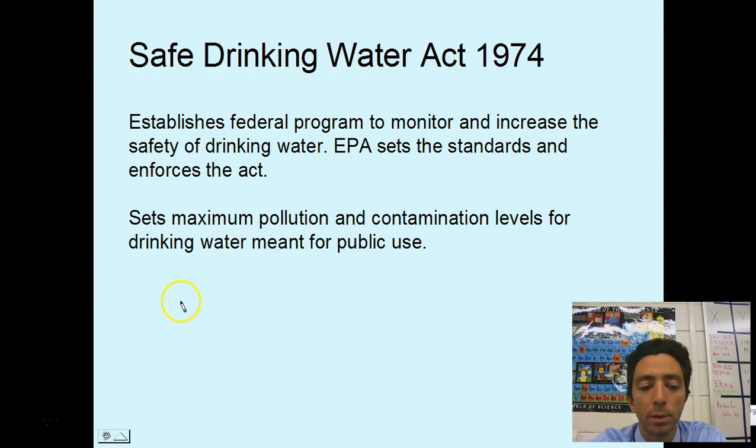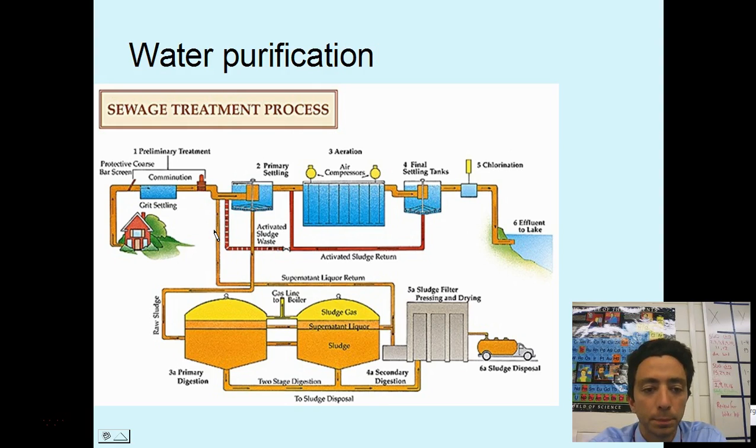It doesn't cover wells that have less than 25 people attached to them. So if you have a little private well at your house, it's not regulated under the Safe Drinking Water Act. But city water would be, larger well systems would be, and again, they're setting their pollution tolerances here.